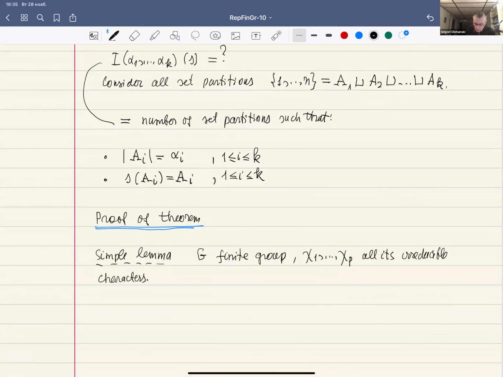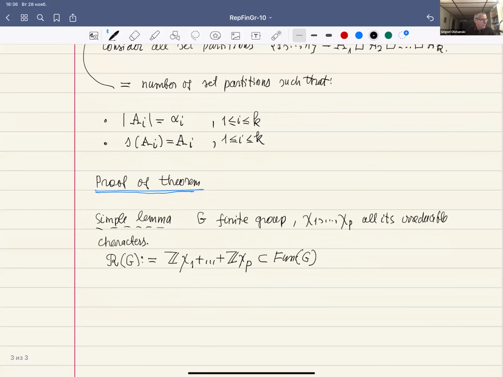Introduce this notation: R of G is by definition the Z-linear combination of the irreducible characters. The characters we know are linearly independent. So this is some submodule in the space of central functions on our group.